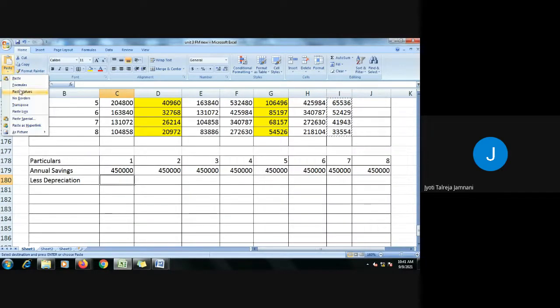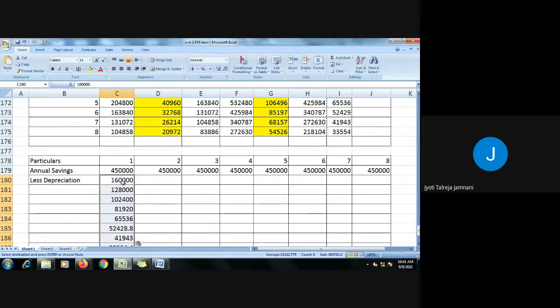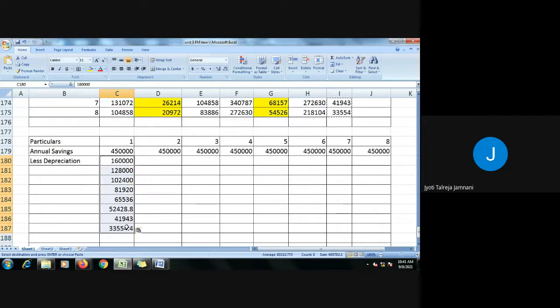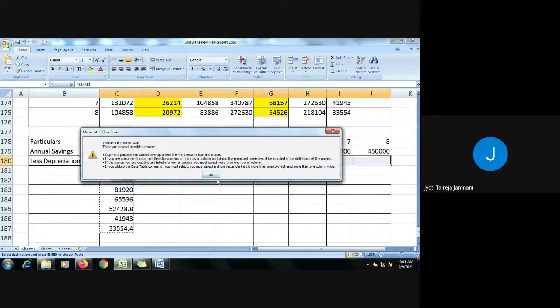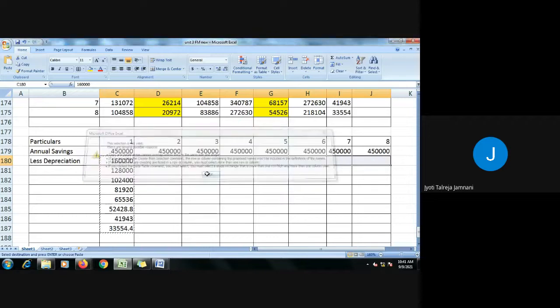So we'll take these additional depreciations. Just a minute, I'll just type it in itself.